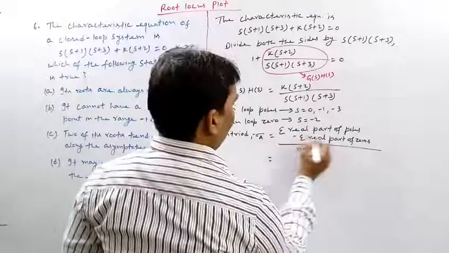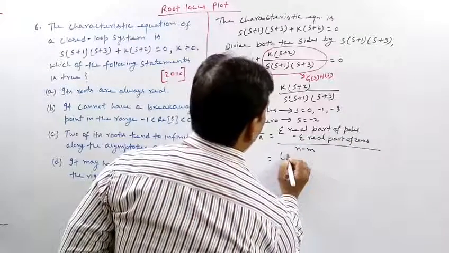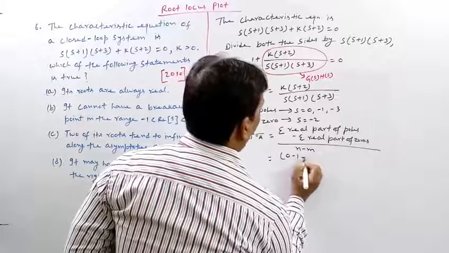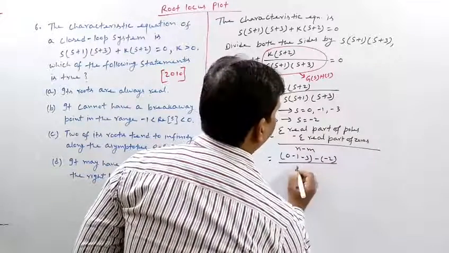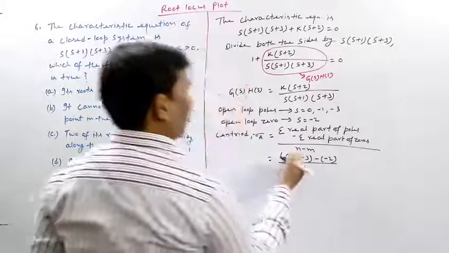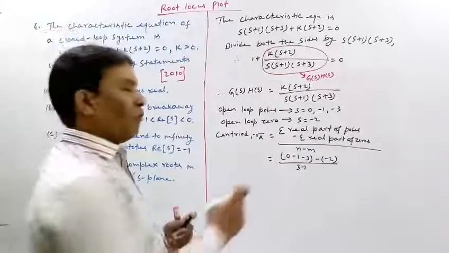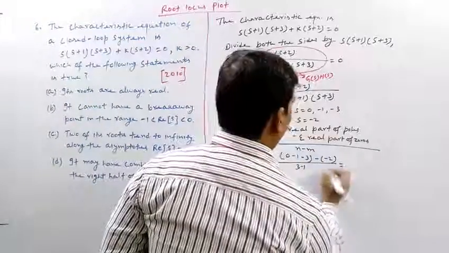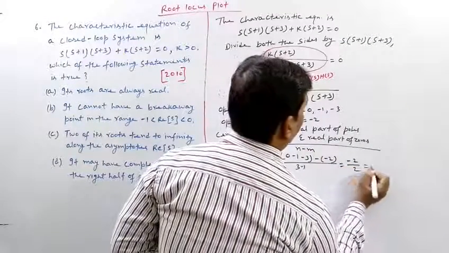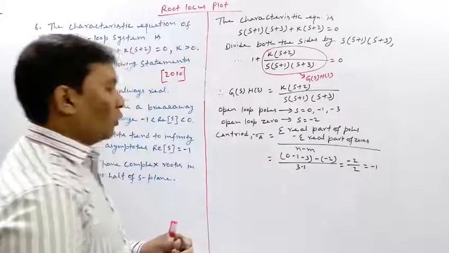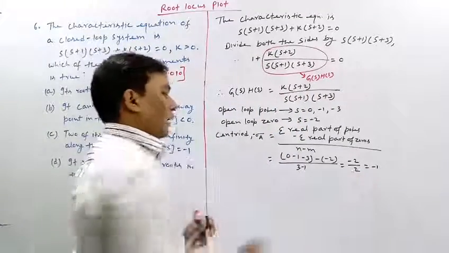So it is 0, -1, -3 minus (-2) divided by 3 minus 1, because there are 3 open loop poles and 1 open loop zero. So it will be nothing but -2 by 2, so it will be -1. So the centroid will be -1.